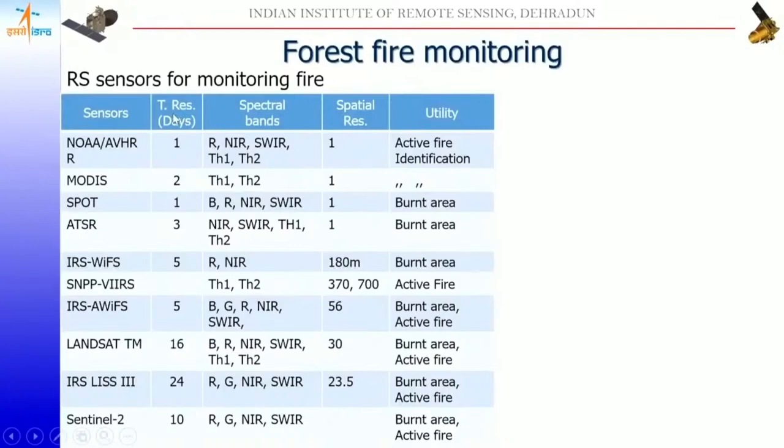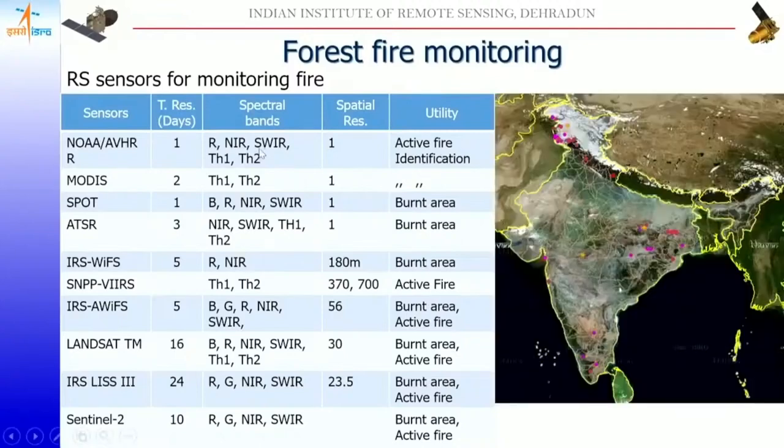There are various remote sensing sensors on the basis of which we can detect the active fire locations, and this is a regular exercise of the forest department. Based on the satellite data, we give the message to the local level authority, so that we can immediately take prevention measures so that the fire can be controlled.